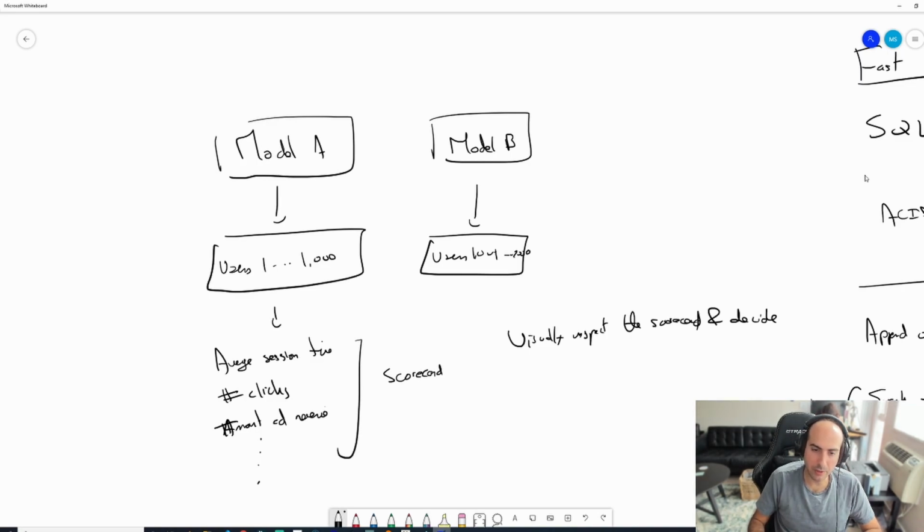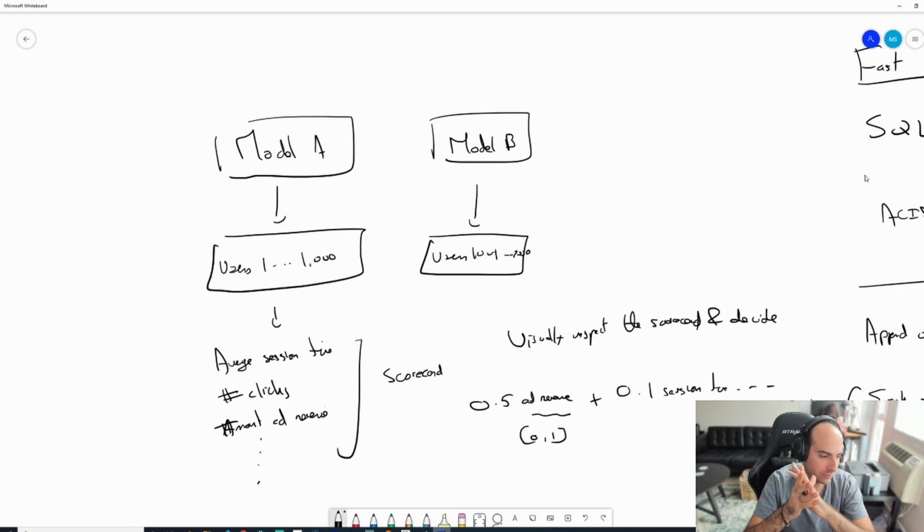That's one way. Another, more automated way is to weigh every element in this scorecard. Let's say you think ad revenue is the most important, for example. Let's say you're in a very evil company that does this. So for me, the objective is some normalized version of ad revenue, a 0 to 1 value, plus, I don't know, 0.1 session time, etc. You use this as an objective key metric that aligns closely with the goals of your business, and then optimize for this metric depending on what you're deploying.